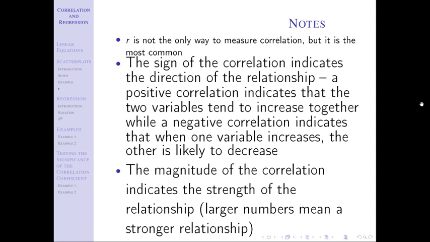Think of the negative as attached, but its own separate piece that tells me the direction, whereas the magnitude tells me the strength. And larger numbers mean a stronger relationship. So the closer we get to 1 or -1, the stronger the relationship. Again, this is a concept that a lot of people kind of struggle with. So what does it mean? It means the points are closer to each other. They're closer to that hypothetical line that would go through them.